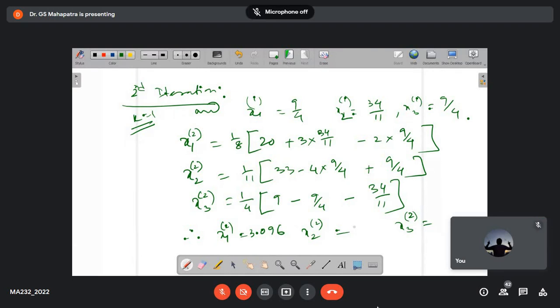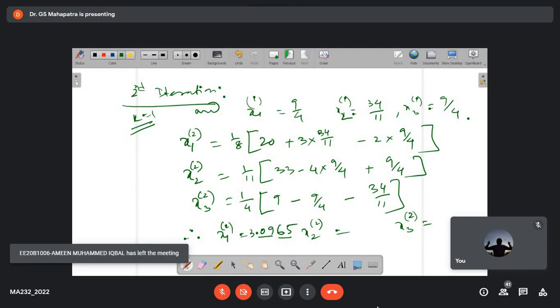Okay. Since you have to check correct up to 2 decimal places, at least 2 more should be there. So you just write down at least minimum up to 4. What is your roll number? 42. Good. So x2.